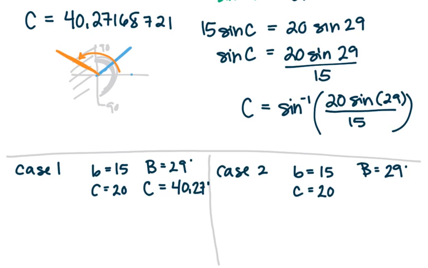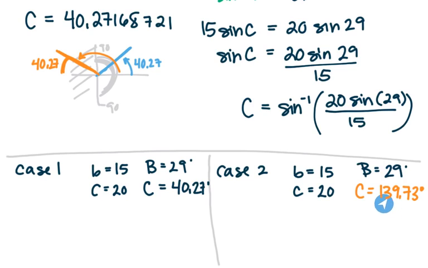So we say, all right, well, this angle here was 40.27. So by symmetry, we know that this must measure 40.27. And if I take that away from 180, I also have this option where C equals 139.73 degrees.